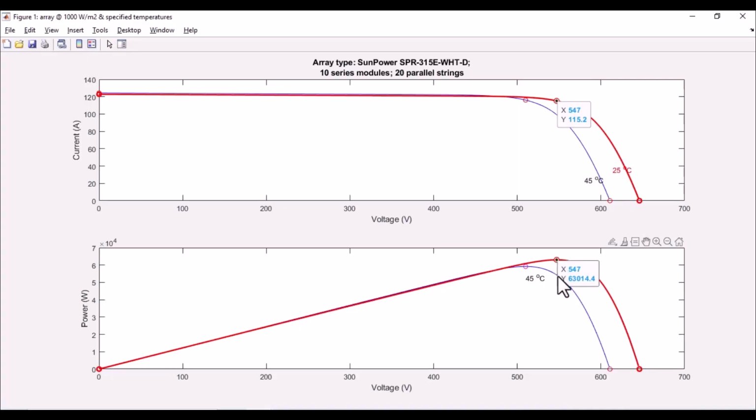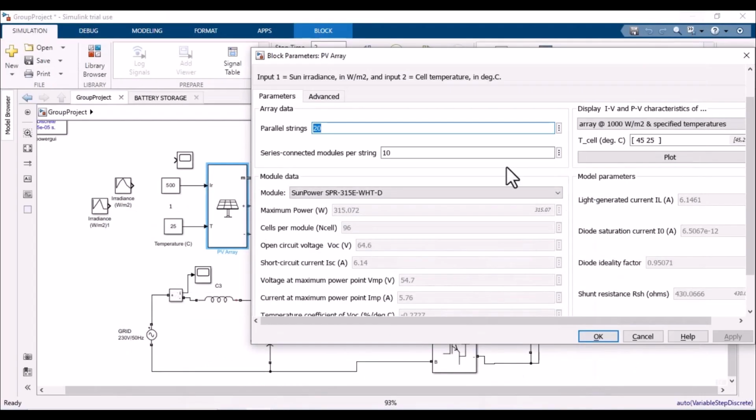The power shows 63 kilowatts. All these 30 panels will generate 63 kilowatts, and the voltage will be 547. So this is not for a single panel, but for the whole array, the 30 panel array.